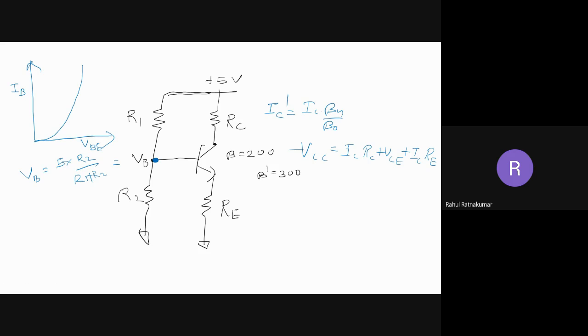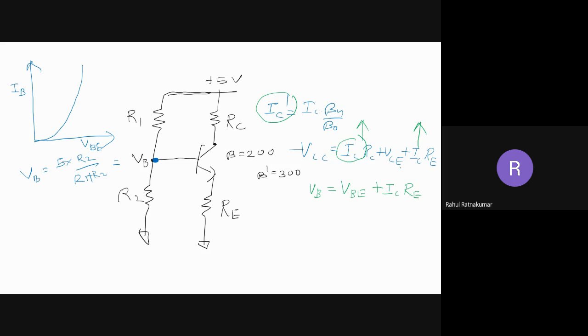Now, because of the increase in IE, what is going to happen? Because of the increase in beta, we have already seen that the collector current is increasing. Because of the increase in collector current, what happens? We already know the equation of the base: VB equals VBE, base emitter, plus IC RE, right?